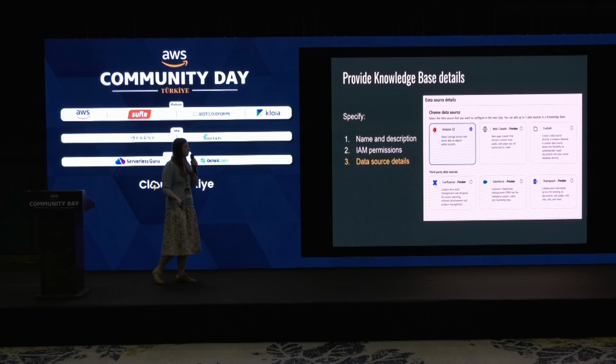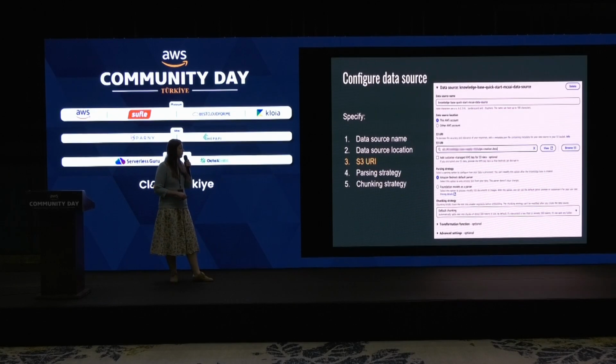Then you need to specify basic details, name, description, permissions, and most importantly, your data source details. In our case, it was an S3 bucket, and you need to specify most precisely the name, location, S3 URI, and also how you would like to parse your documents.